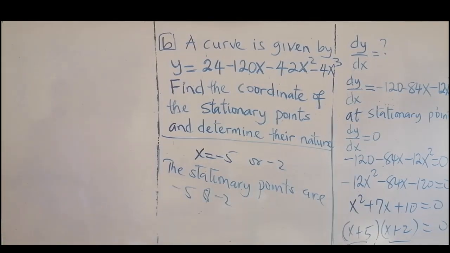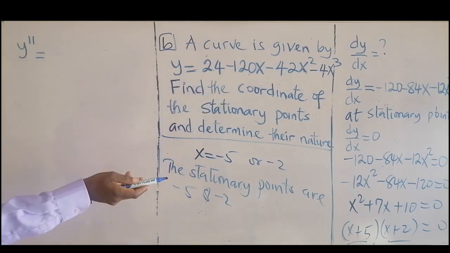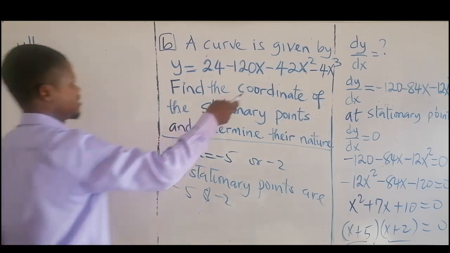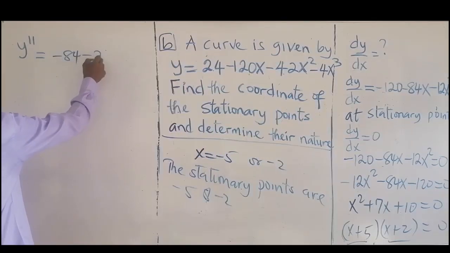Then the next thing to do now is to determine the nature. If you want to determine the nature of the curve, it's very simple. We are going to do the second differential of this equation, whereby we've already gotten the first differential. So the second differential is for us to differentiate this one again. That will be minus 24x.